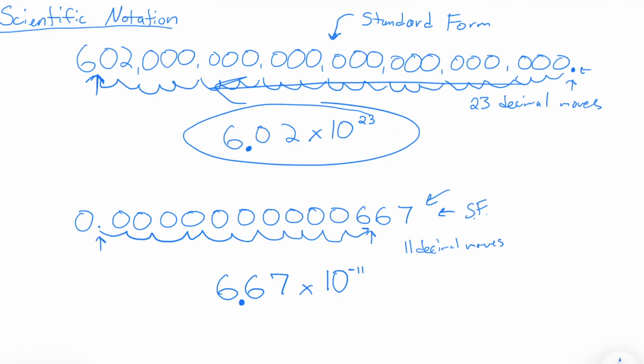So we end up with 6.67 times 10 to the negative 11th. And again, that's a negative exponent because this is a small number, whereas we would end up with a positive exponent to make the number larger to match a larger number in standard form.